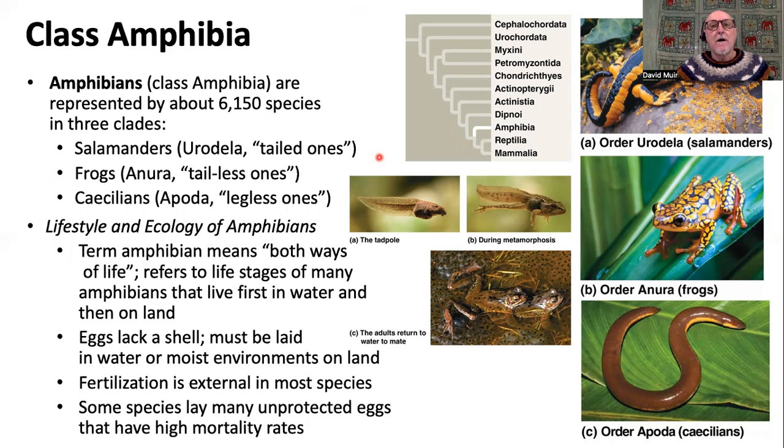And they are tied to water for a number of reasons. The first is that they are fertilized in reproduction. Their fertilization is external. The female releases eggs, the male releases sperm over those eggs, just like the fish. Like most of the fish, I should say.